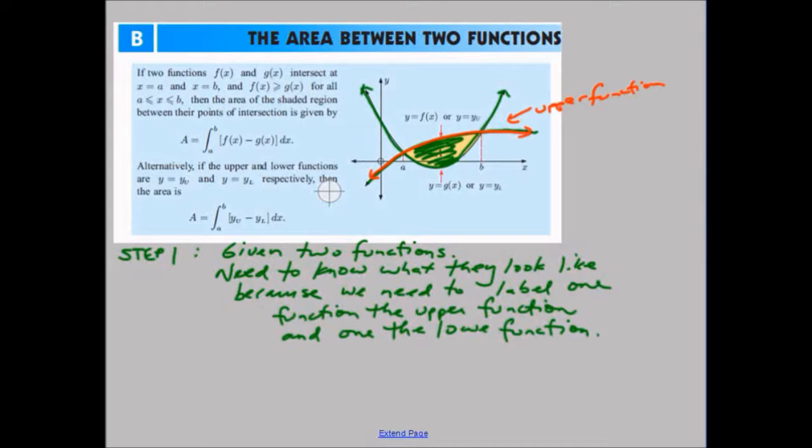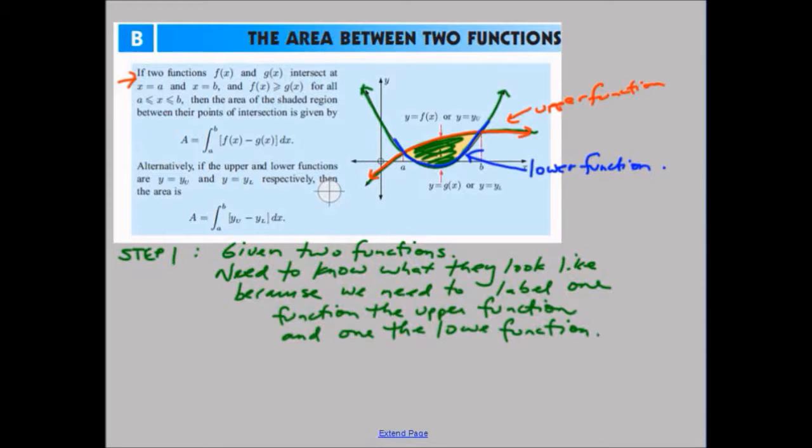And since this one is the underneath part of the area that we are looking at, we will call that the lower function. Okay, very important to have that understood right off the bat.